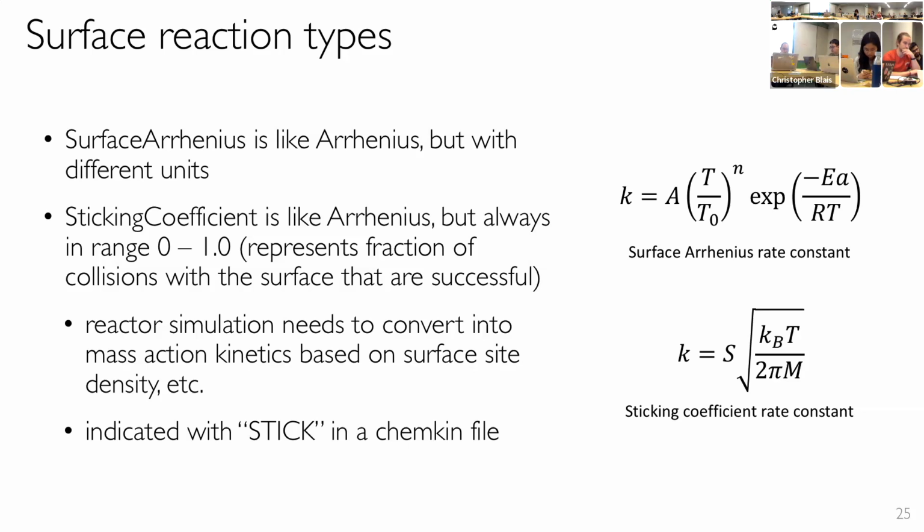Your sticking coefficient equation has S, which is your sticking probability, and then you have your square root of kBT over 2 pi m. This is standardized, so if you're looking at a Chemkin file or you use Cantera or something like that, they'll have a format for implementing sticking coefficient type reactions.